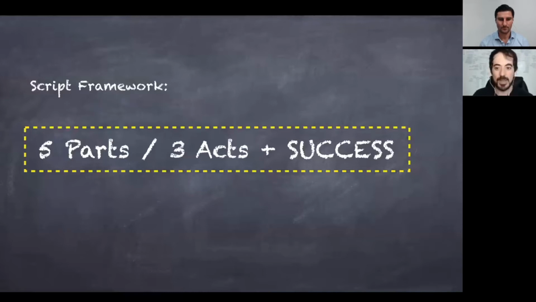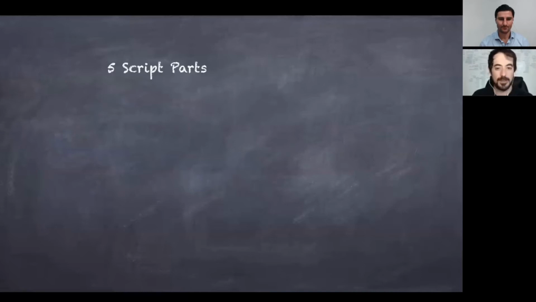So when I say 5 parts, this is exactly what I mean. Every single script for one of these explainer videos has these 5 parts. The first one is that we cover what is the problem that the service or product or company is solving with this video, so whatever we're promoting. In the case of the Fmv video, the problem is that it's hard to find the perfect flight at the right price.